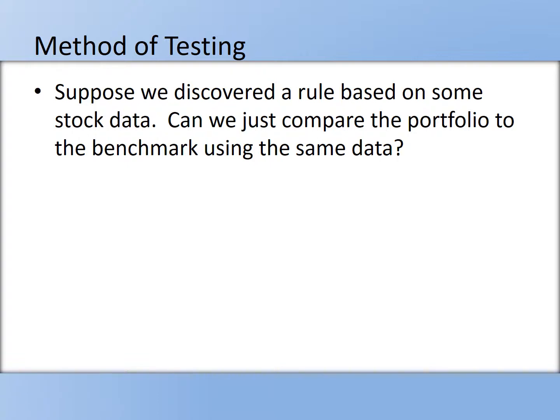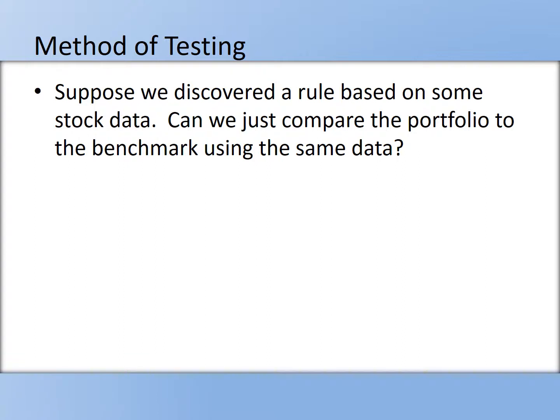If you have the benefit of foresight, you can always find a rule that would be profitable, right? The simplest profitable rule would be to pick the stocks that have done well in hindsight. That's a sure win portfolio. The problem is you do not have the benefit of hindsight when you're actually investing.